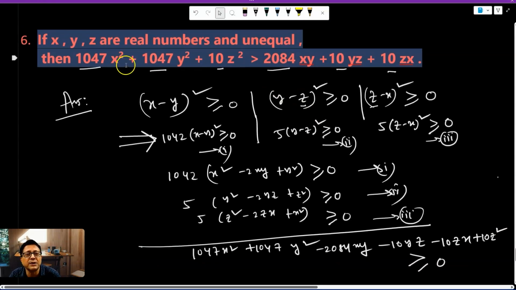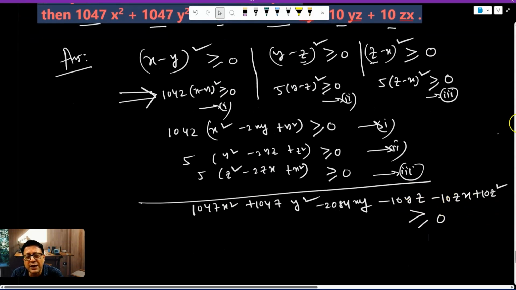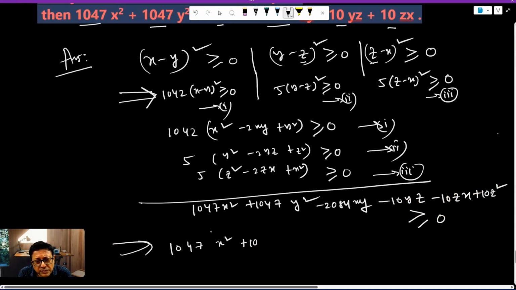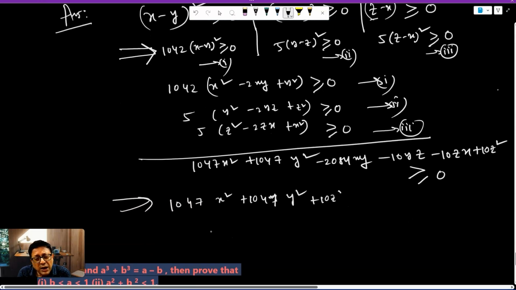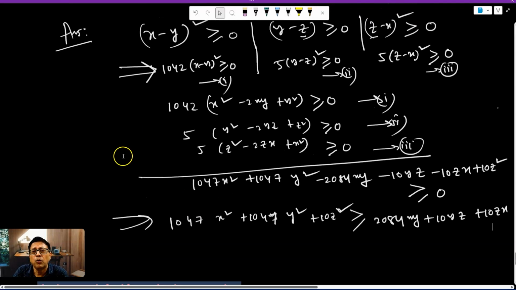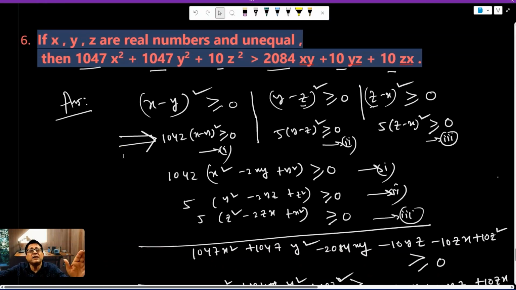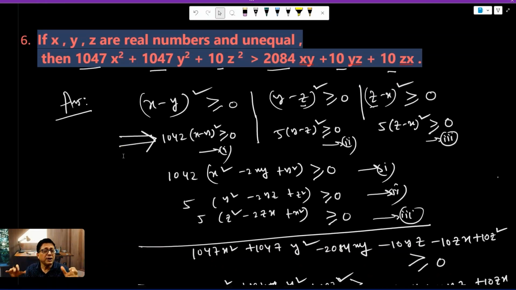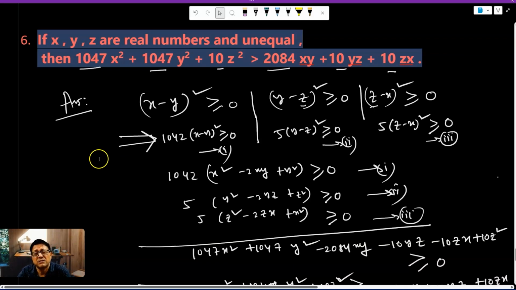Probably I have got it, check once. So keep 1047, 1047 and 10z^2 on the left side and transfer the remaining terms to the right side. Am I clear? Hope you have understood. So it is not difficult, just manipulative. You have to work hard to get the answer.